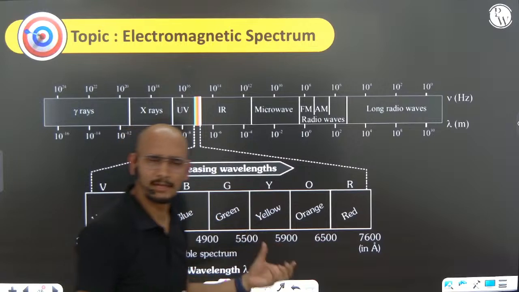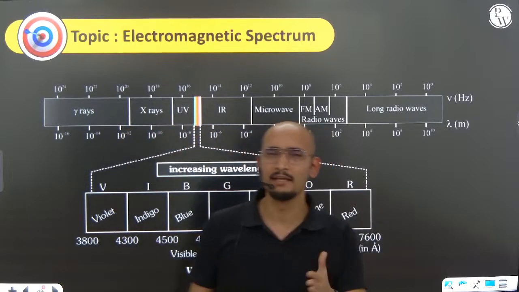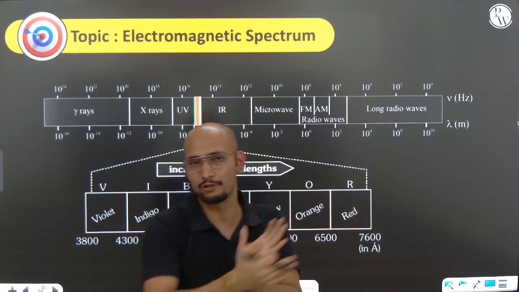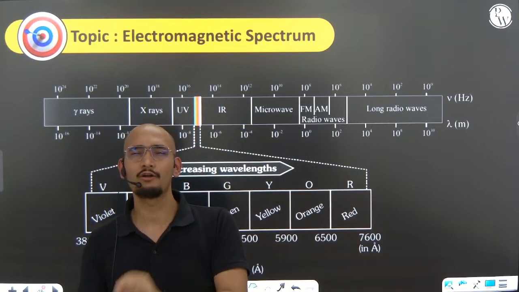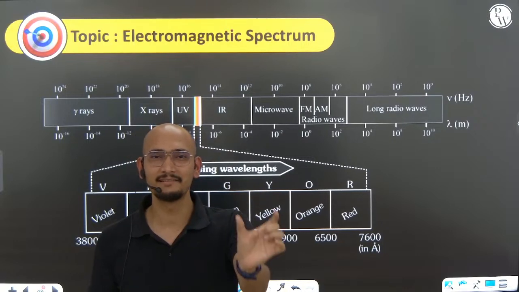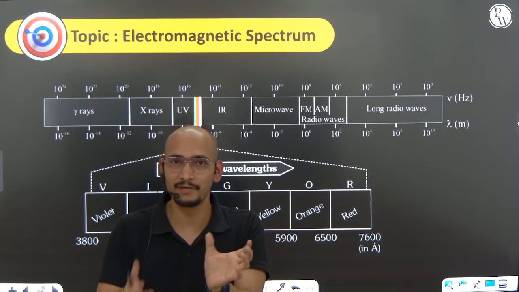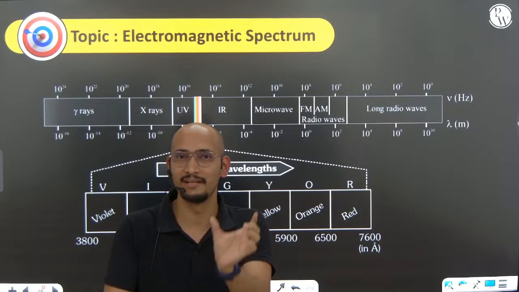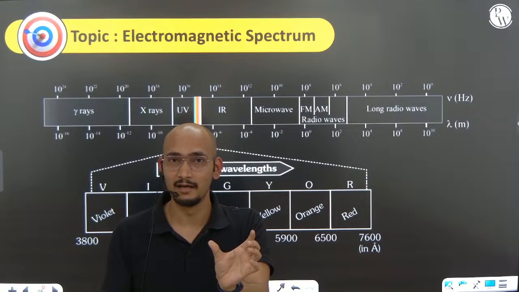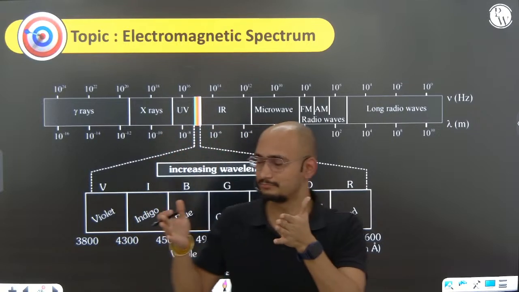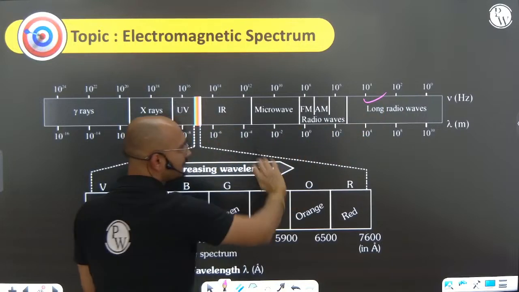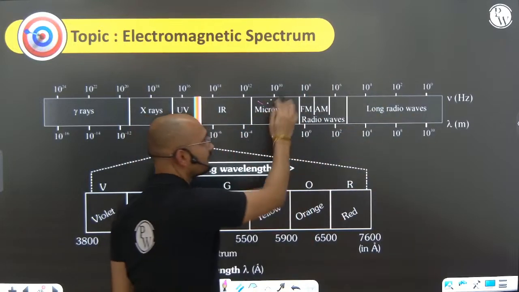Now, in that electromagnetic spectrum, if you go by increasing order of frequency or decreasing order of wavelength, the first one will come as radio waves. Then, of course, the microwave, where you cook your food.